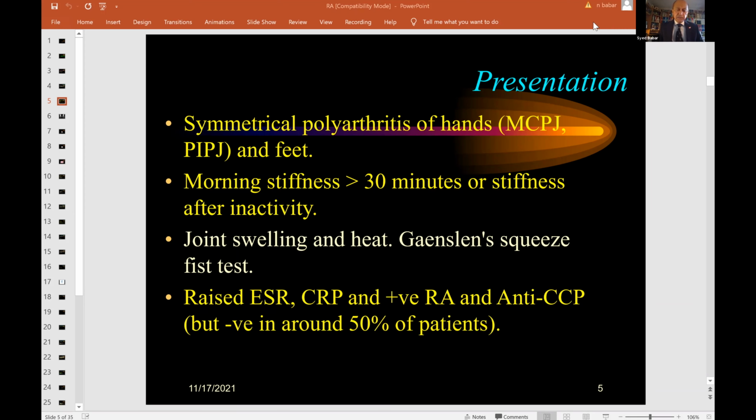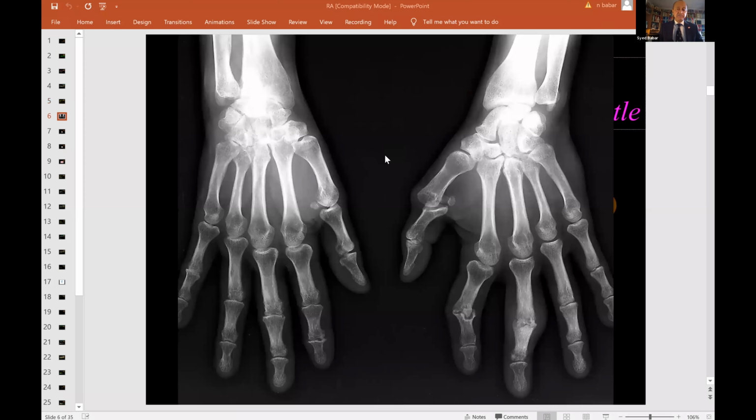But we must remember that the most linked factor in the diagnosis of rheumatoid arthritis is rheumatoid factor itself, which may be negative in about 50% of patients. So not one test will suffice for the diagnosis of rheumatoid arthritis.